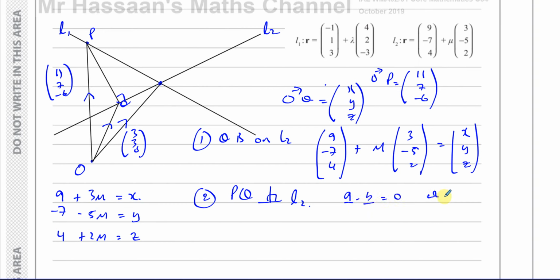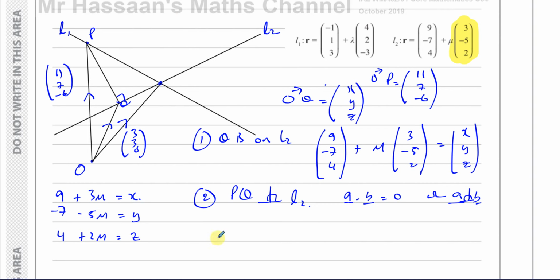When the dot product of A and B is 0, the vector A is perpendicular to the vector B. So the direction is what we're concerned about. The direction of line 2 is given by this vector here. The other vector doesn't tell us its direction, it tells us how to get to it. This determines its direction.